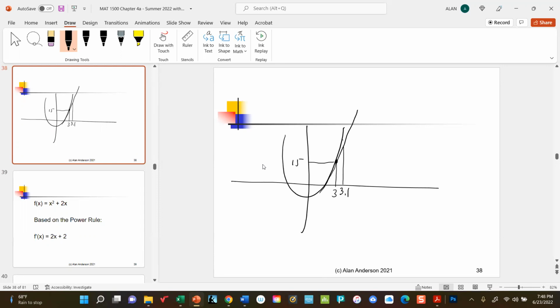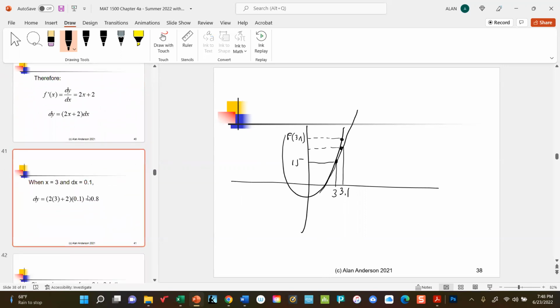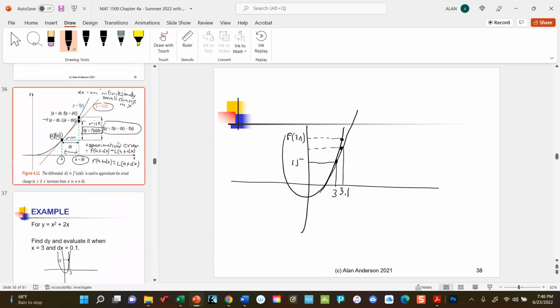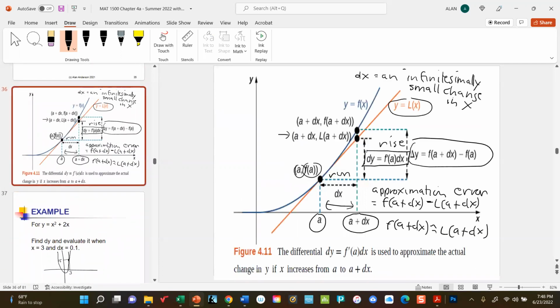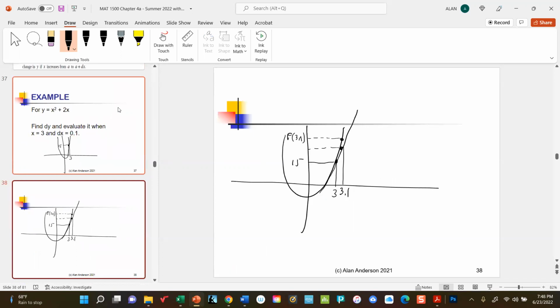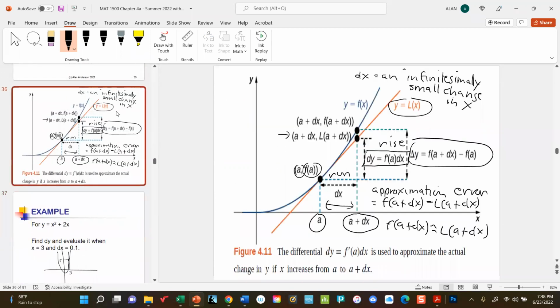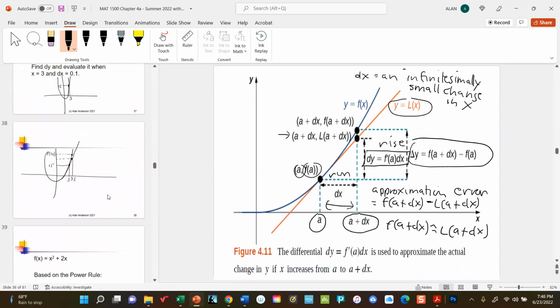Okay, so at 3.1, we have the actual function, this is f of 3.1. And then we have the approximation. So the actual function itself will be f of 3.1. The approximation will be a plus dx, which we know is 3.1.